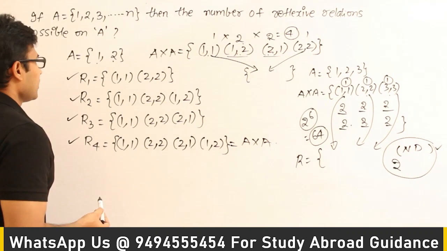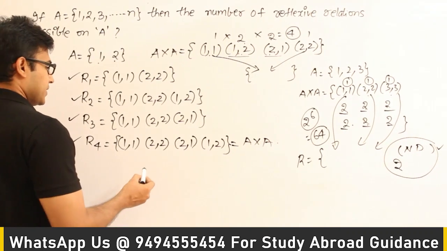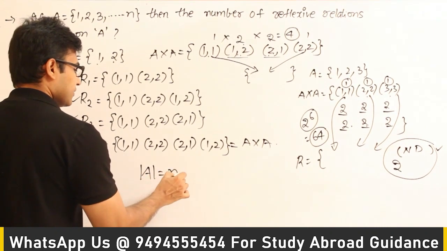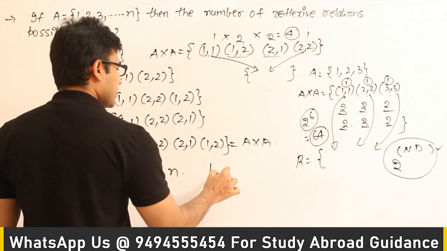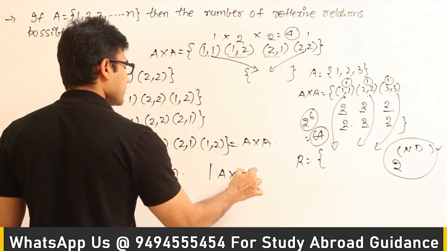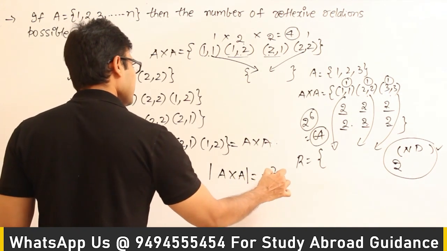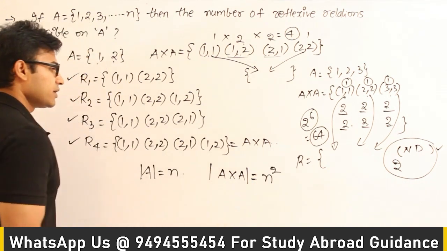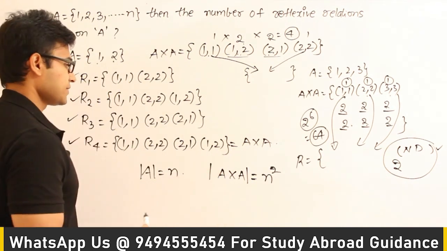Now see this. If the cardinality of A is n, then what will be the cardinality of A cross A? It will be n square. We know this, I already told you, right? So the total number of elements that can be present in A cross A is going to be n square.